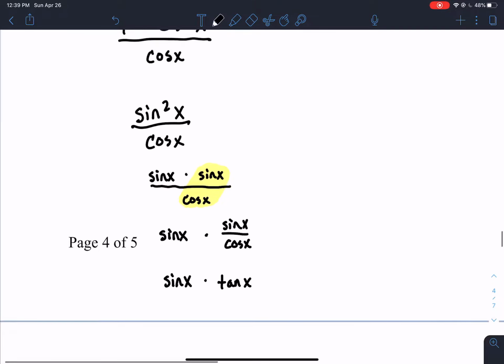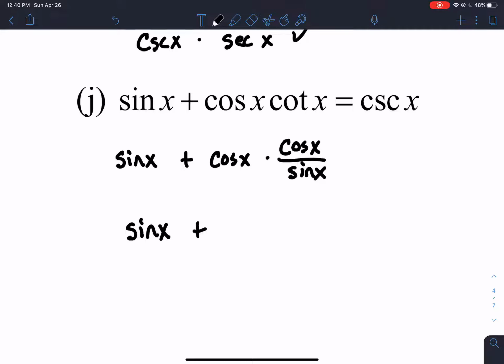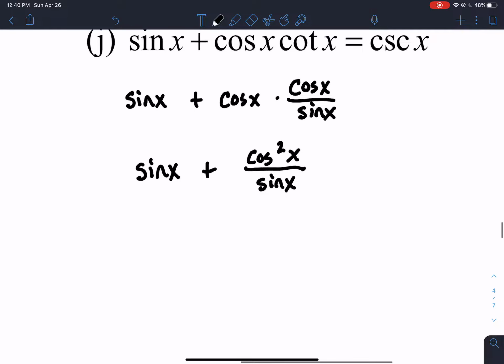Letter J, all right, we have sine of x plus cosine of x times cosine over sine. Okay, so that's going to give me sine of x plus cosine squared over sine. Okay, so we're going to need a common denominator.